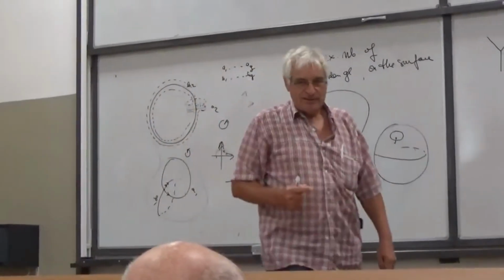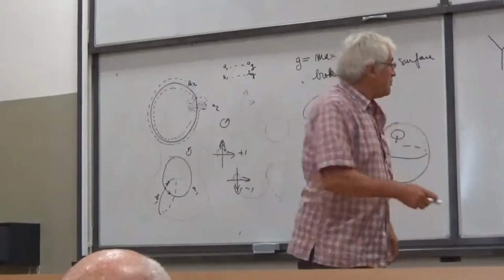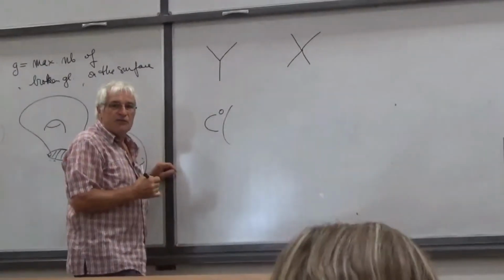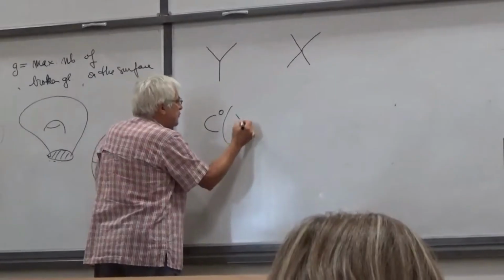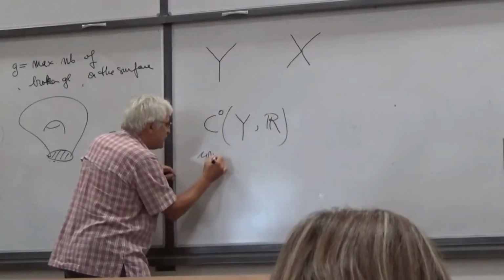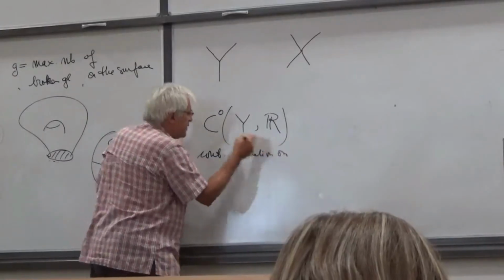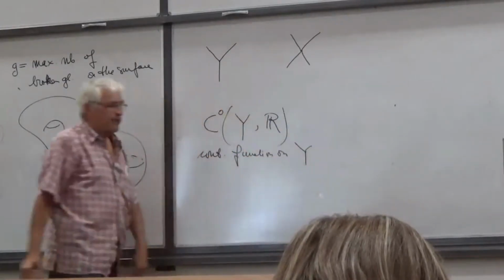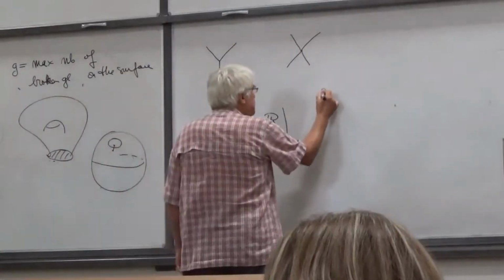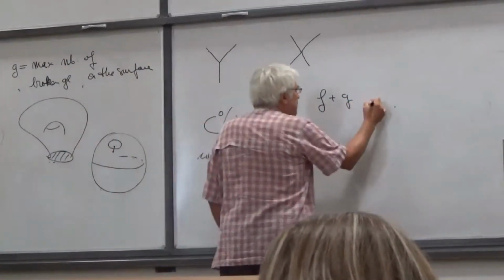But then came mathematicians. The mathematician says function is for free. We take them all for free. So we take the space of all functions on our space, all continuous functions on the space. The space here is this letter Y. So what can we do in this space? If you have two functions, you can add them and you can multiply them.